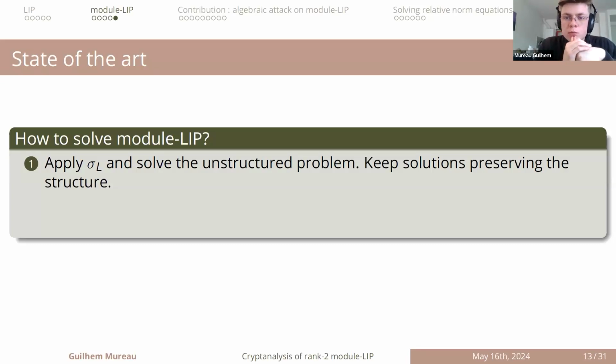But you have to be careful, because the solution you will get will not always be a solution for the module LIP problem. This is because in module LIP, we are looking for solutions which also must preserve the algebraic structure. So in some sense, module LIP is LIP restricted to module lattices, and the solutions we are looking for must preserve the structure.